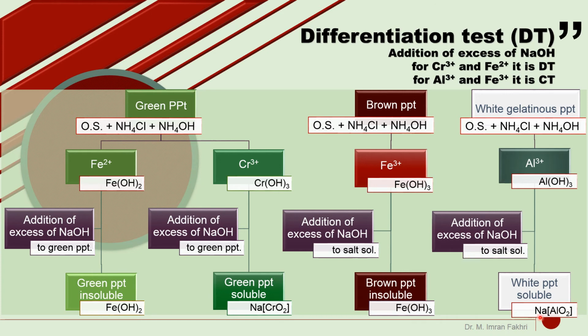First, aluminum hydroxide is formed, that is a white precipitate, and then with the addition of excess sodium hydroxide, sodium aluminate, NaAlO2, is formed. This means that the aluminum 3 positive ion may be present in the given salt.